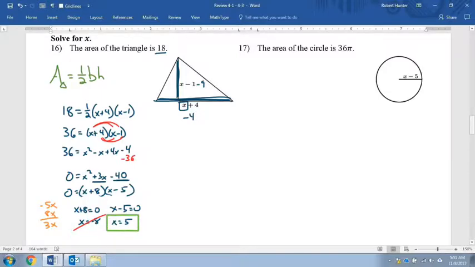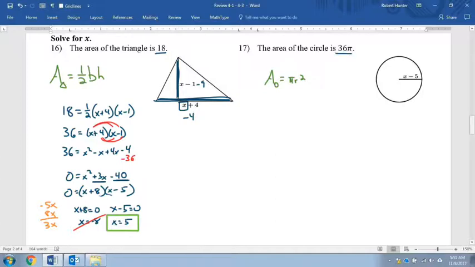Try the circle. The circle is actually the easier one, believe it or not. The area of a circle equals pi r squared, which I've never had a square pi, but whatever.